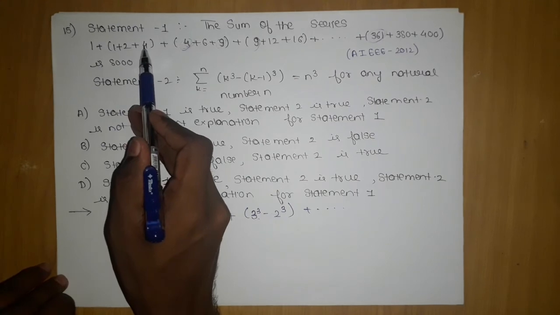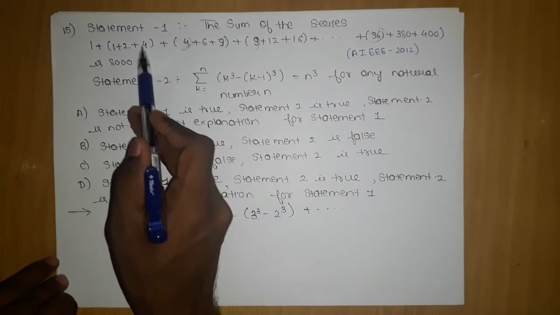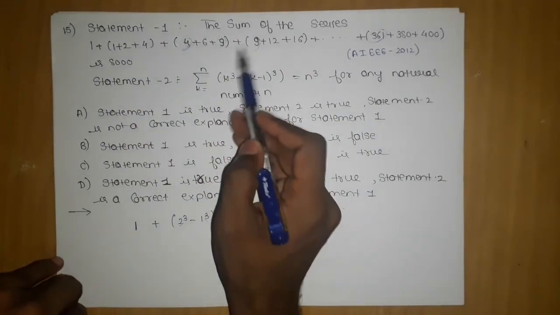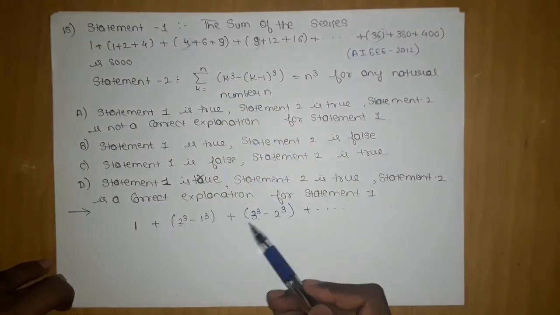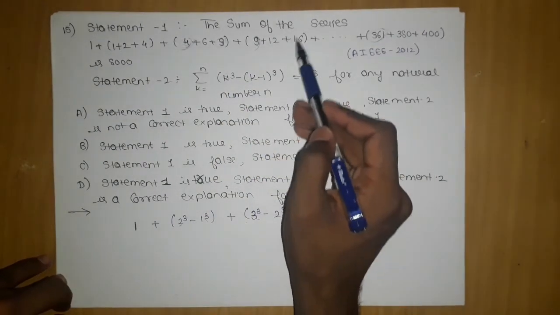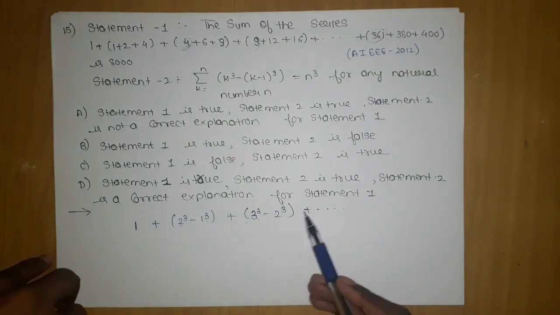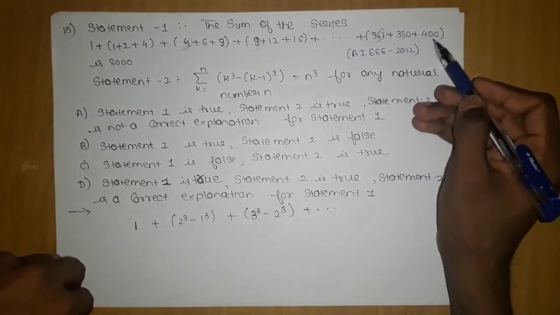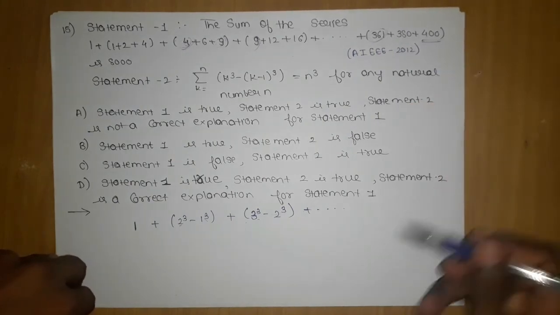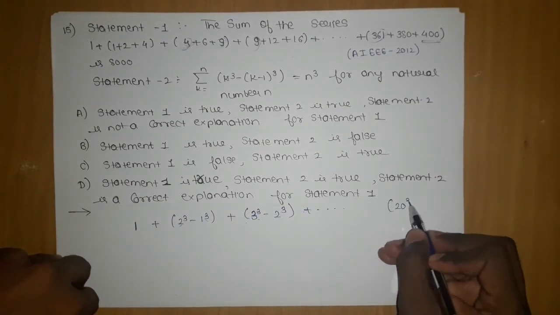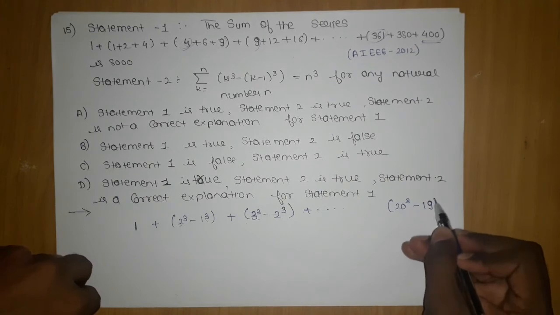So here you can observe, if the last term is 4, it will be 2 cube minus 1 cube. If the last term is 9, it will be 3 cube minus 2 cube, and if it is 16, it will be 4 cube minus 3 cube. Here the last term is 400, so we can easily predict it will be 20 cube minus 19 cube.